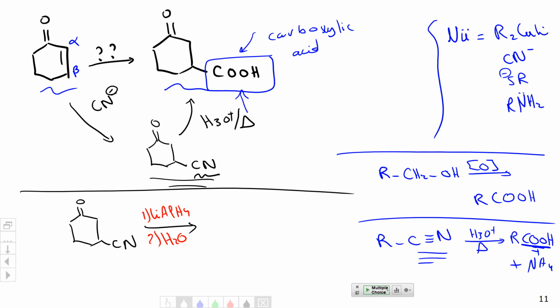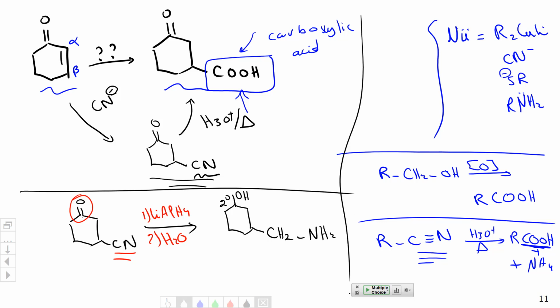Go ahead. So we have a ketone that can be reduced by the lithium aluminum hydride, and we have a C triple bond N that also can be reduced by the lithium aluminum hydride. So that would result in the ketone changing to a secondary alcohol and the nitrile changing to CH2 and NH2.